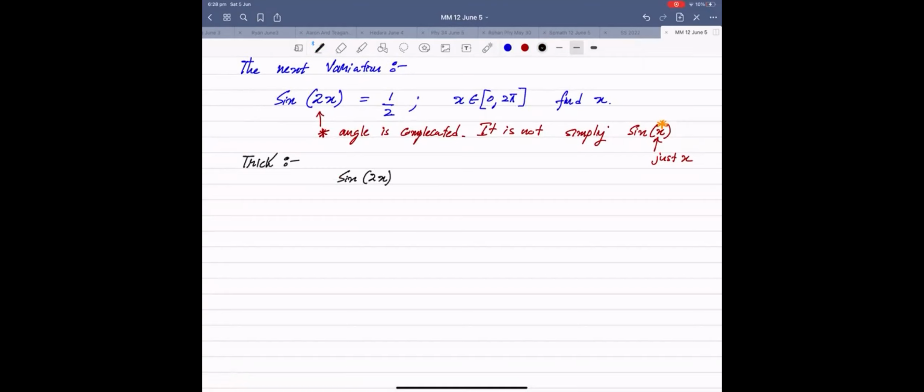I'm going very slowly, understand. So now you recognize that this inside thing is complicated, 2x. Then you do a substitution.